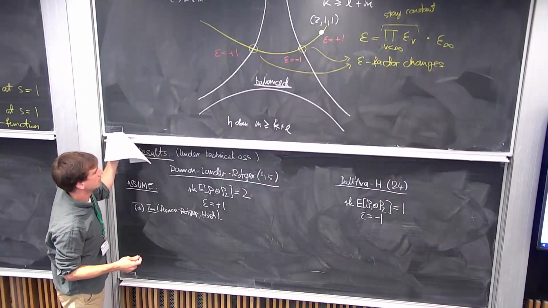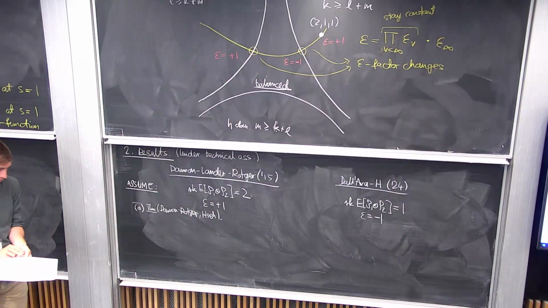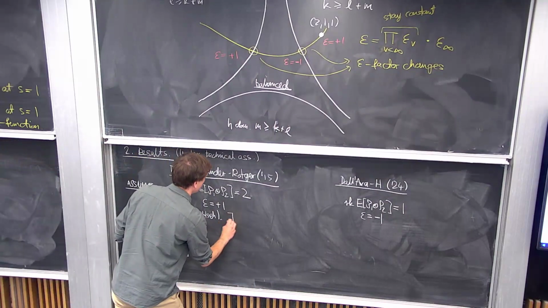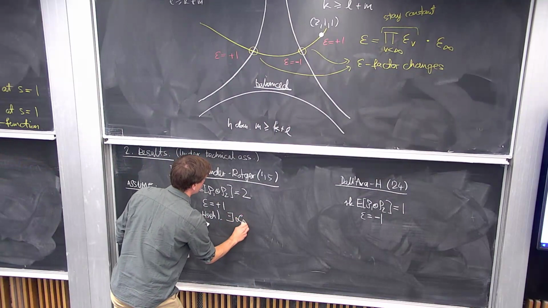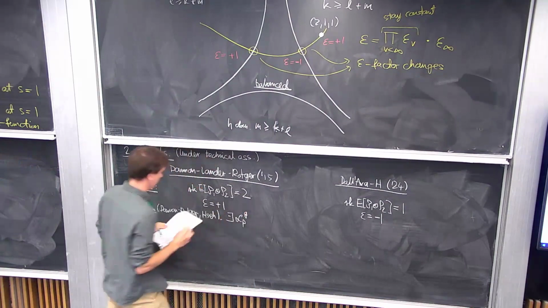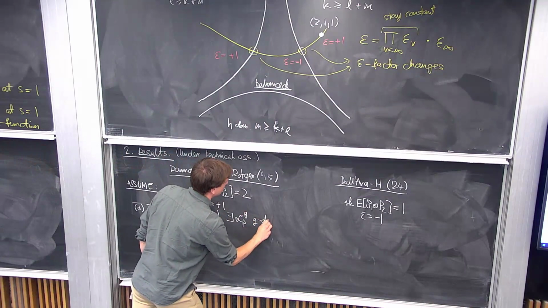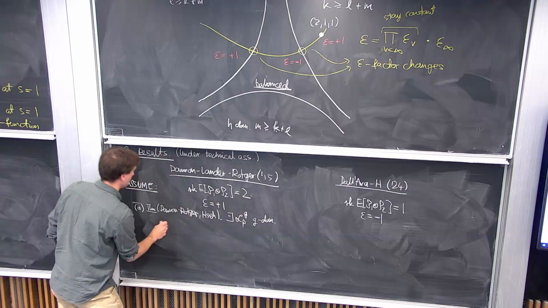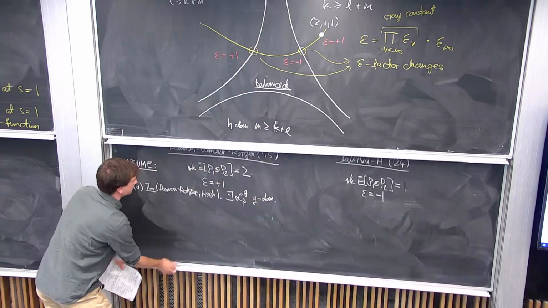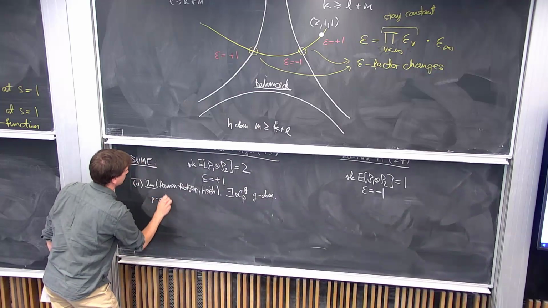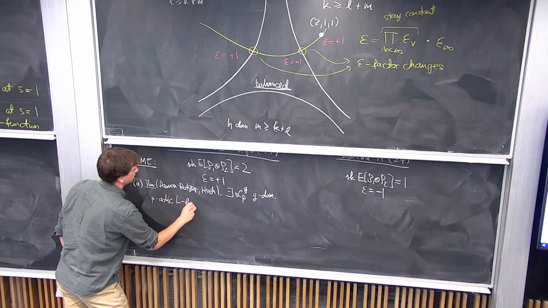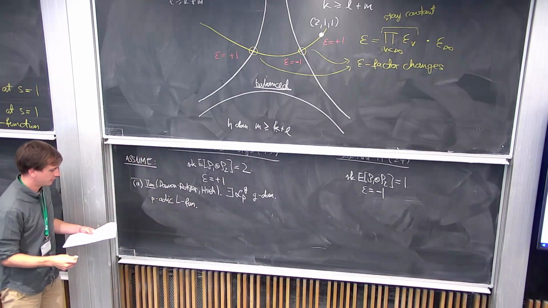So what they do is they say there exists L_p^G, which is going to be a G dominant p-adic L function with the following interpolation property.